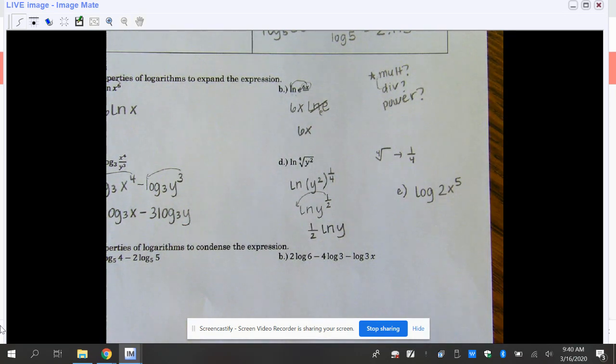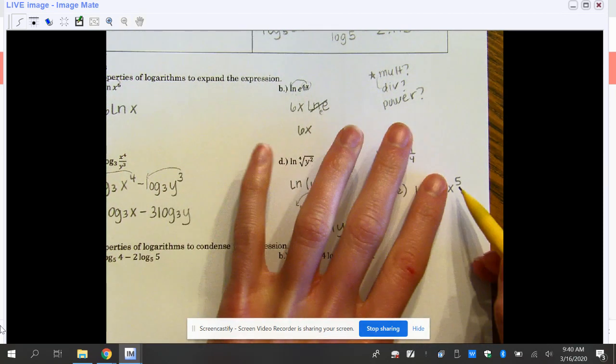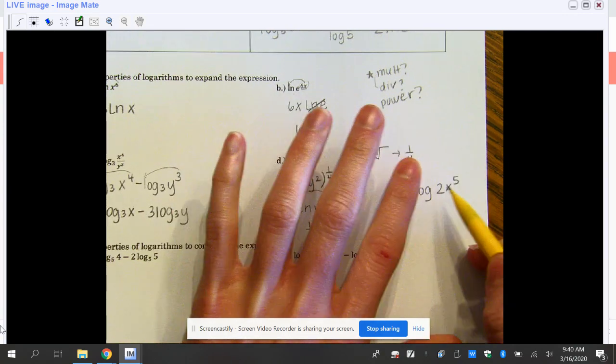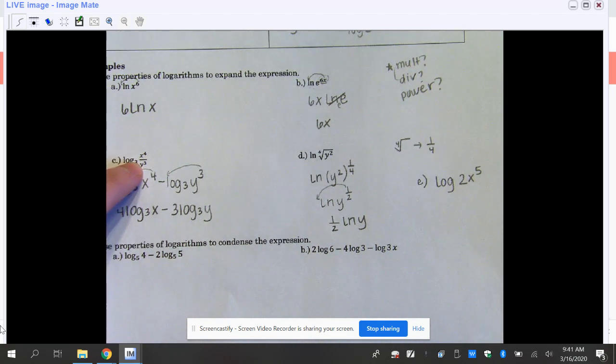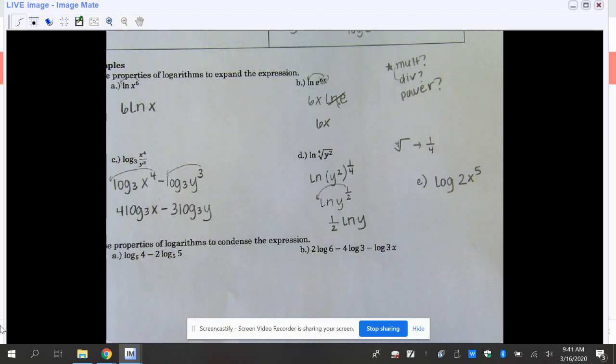But only the x is being raised to that power. The 2 is not. So before you can bring the exponent out front, you have to make sure you split apart the multiplication first, just like we split apart the division first here before bringing the exponents out front.